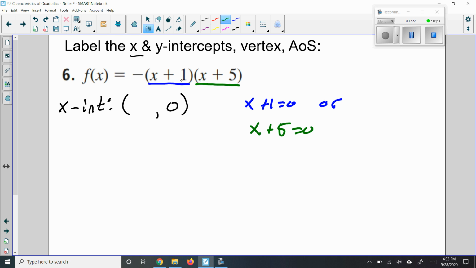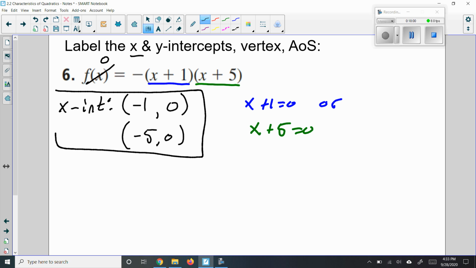Because if I multiply these together to equal 0, at least one of these has to be 0. So if x plus 1 equals 0, that means x must equal negative 1. If x plus 5 equals 0, well, that must mean that x equals negative 5. So this has two x-intercepts.